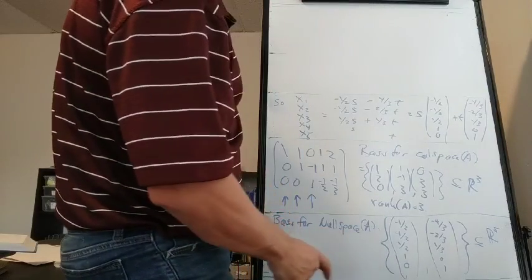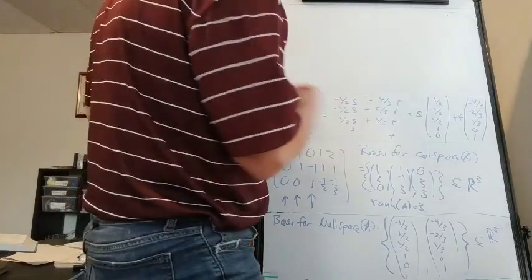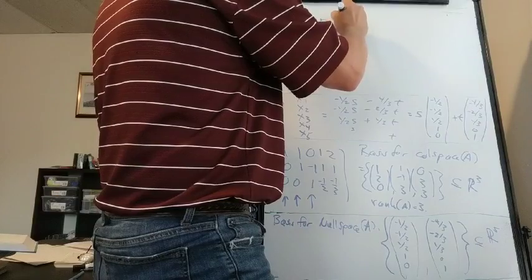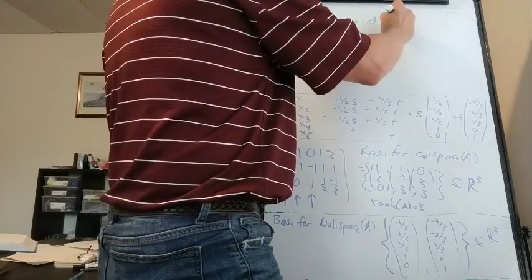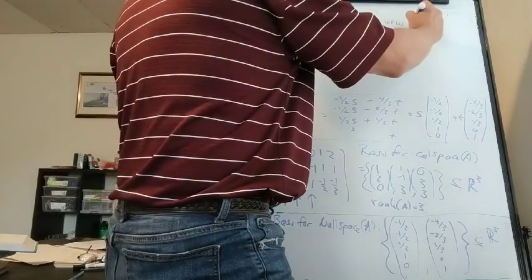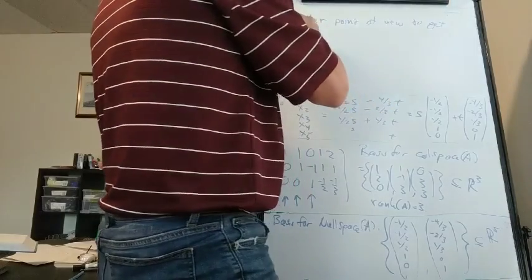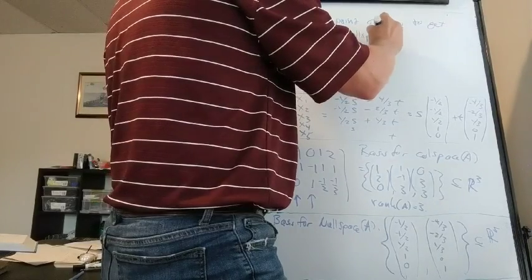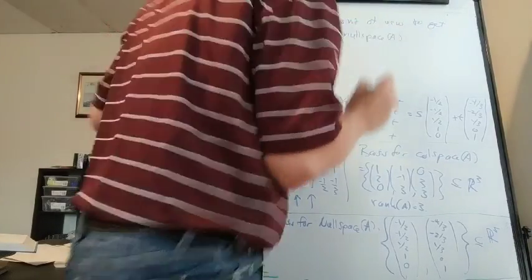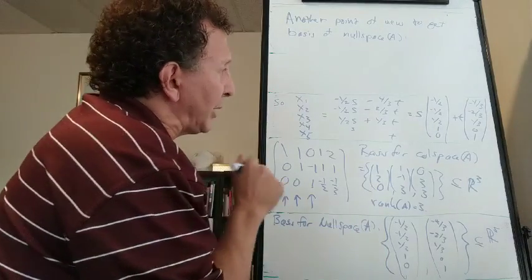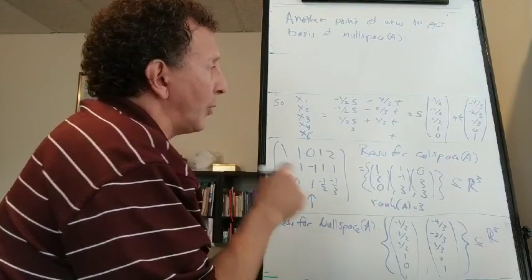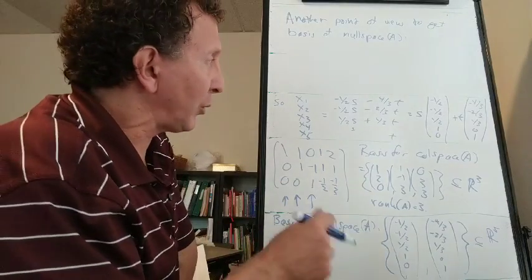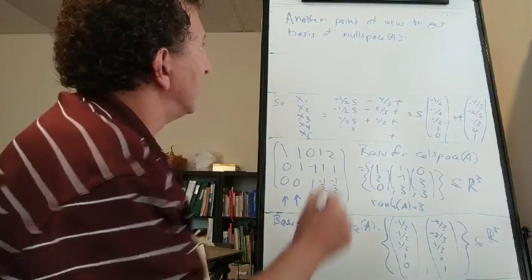And another point of view that I want to point out for getting a basis of the null space is that we could set the free variables equal to 1 at a time. So set one of them equal to 1, everything else equal to 0, and then the next one equal to 1 and everything else equal to 0.